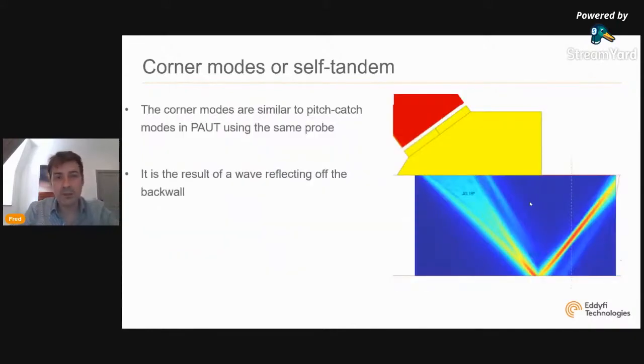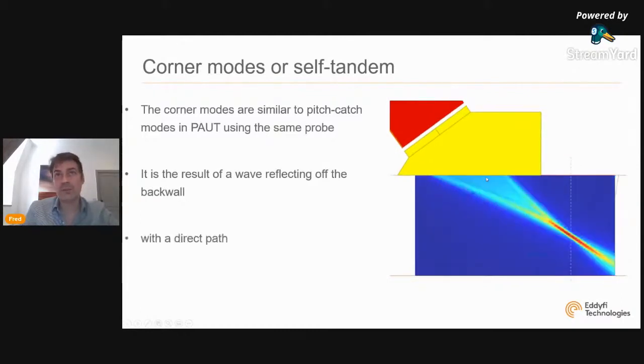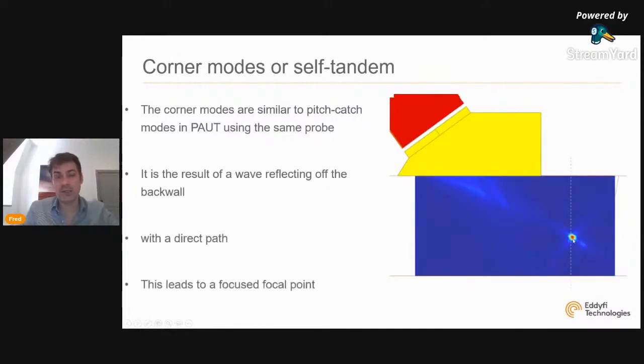So typically, a corner mode is very similar to a pitch catch mode with TFM, with PAUT, using the same probe. We have a direct pass right here, a reflected pass right here. So where we go T and T, then we combine to a direct T this way. So at the end, what you obtain is this highly focused point, because we are using TFM, so we are focusing everywhere within the region of interest.